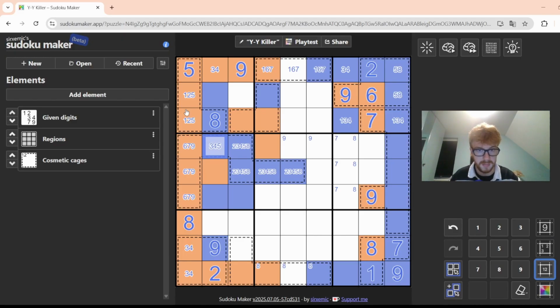Not 2 or 8. So this one is looking at this whole cage, so that must be a 1. Neither of these are... Oh, well, okay, so one of those is a 1, so that's a 2. That's a 1.